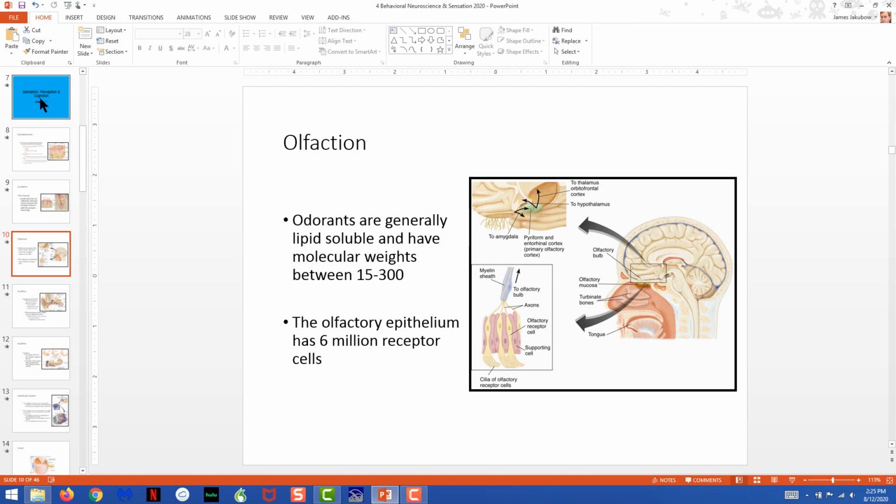Typically, things that a human being can detect from olfaction have molecular weights of about 15 to 300. Outside that range, human beings just cannot smell things. And of course, this is going to restrict your experience of the kinds of things that exist because there are many different substances that exist on planet Earth that are well outside that range.